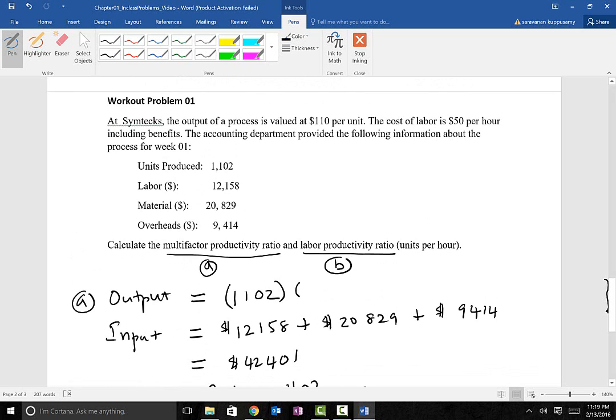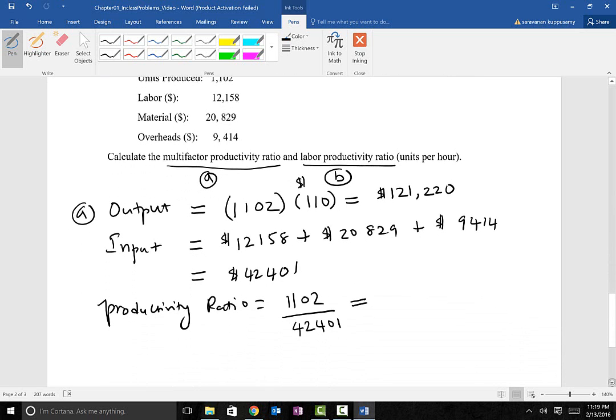So you need to multiply that $110 with 1102 in order to calculate the total value of the output.